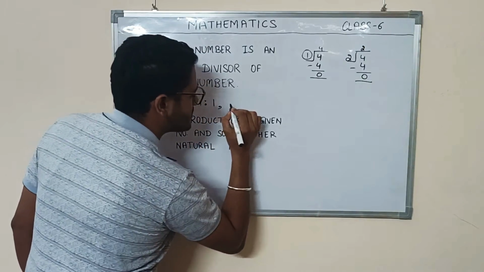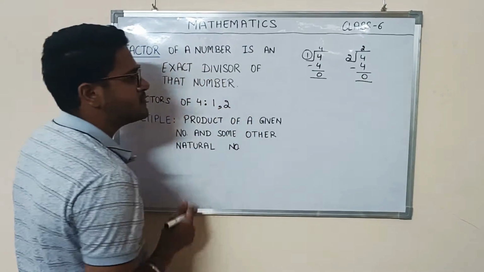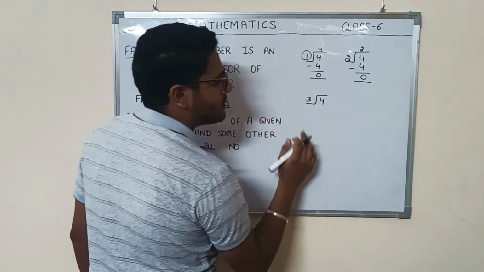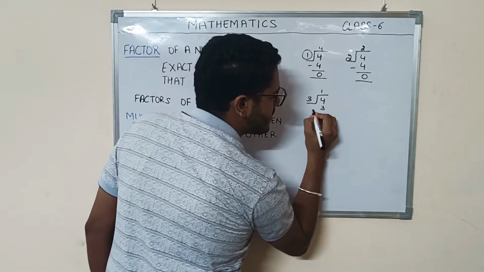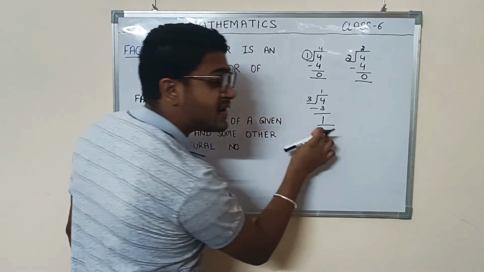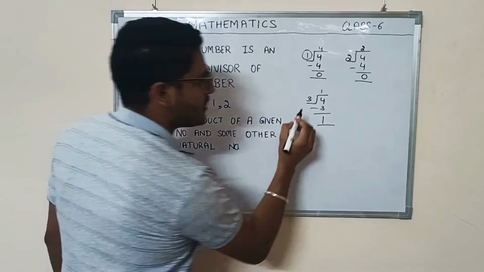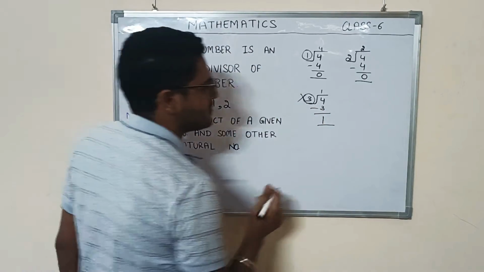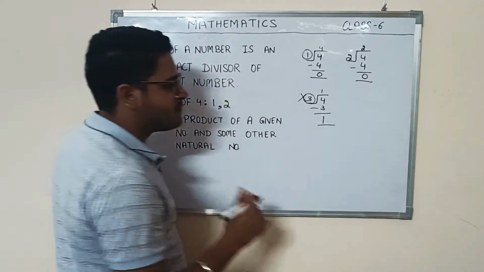Let's write 2 also. Now try with 3. 3 ones are 3 and the remainder is 1. Now the remainder is 1 and not 0. So it means 3 is not an exact divisor and also not a factor. So we will not write 3 here.